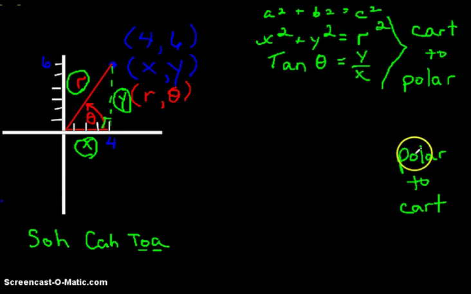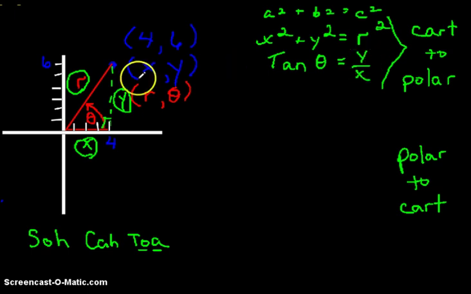Because remember, if we're going from polar to Cartesian, they're giving us the polar, so they're going to be giving us the theta and the r. So we want to find a relationship that we know. We'll just start with the y. We want to find a relationship that involves theta, r, and the y.